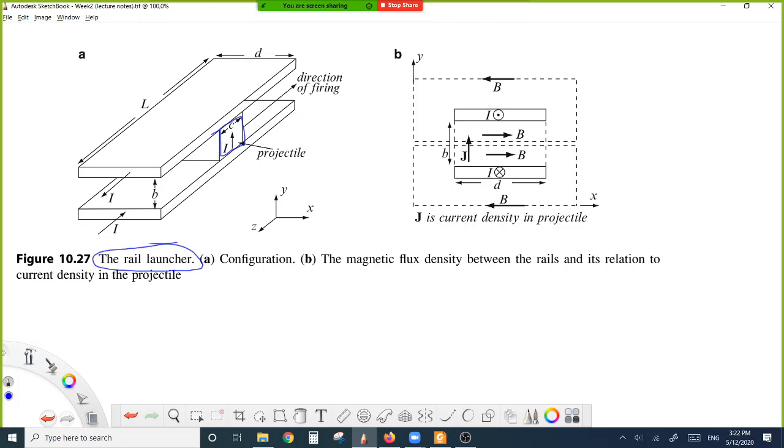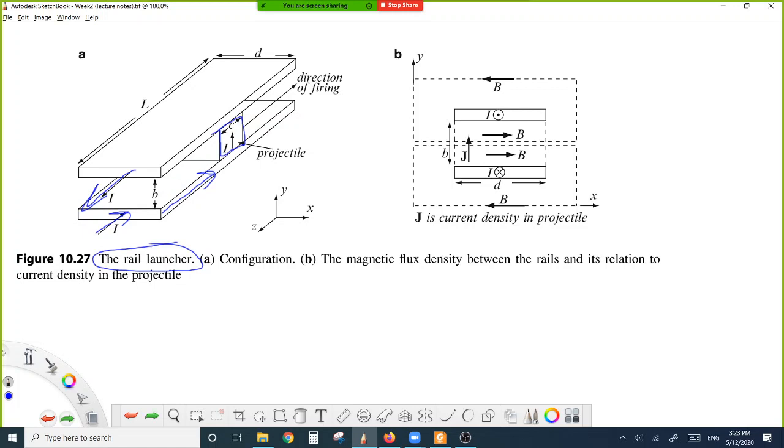And when you apply electromotive force to our rails, current starts to move in this direction, and besides that, when current starts to flow in our rail, there occurs magnetic flux density between our rails.